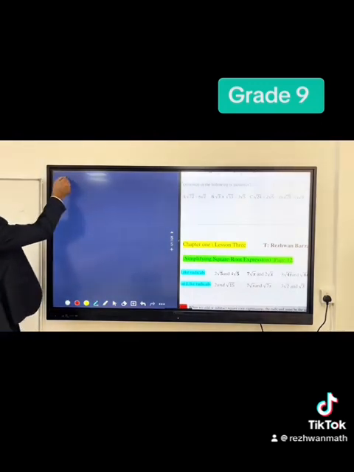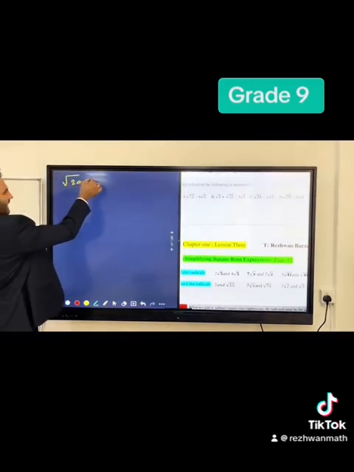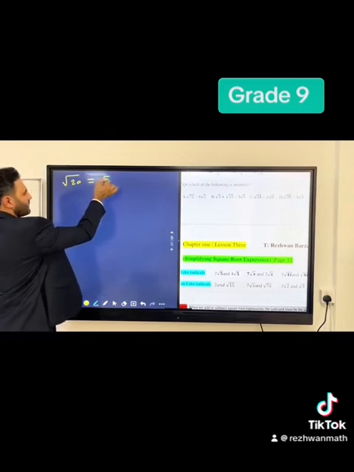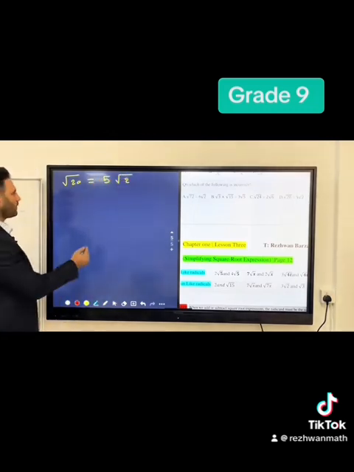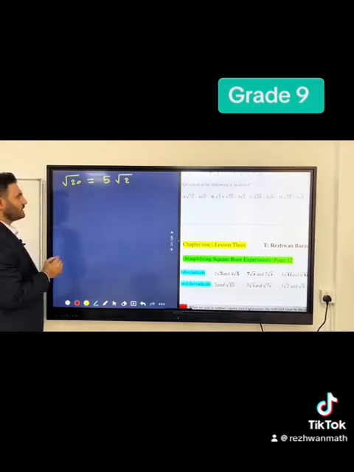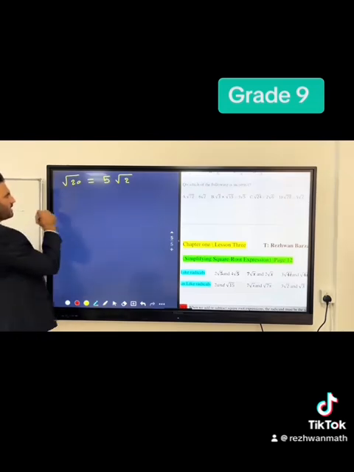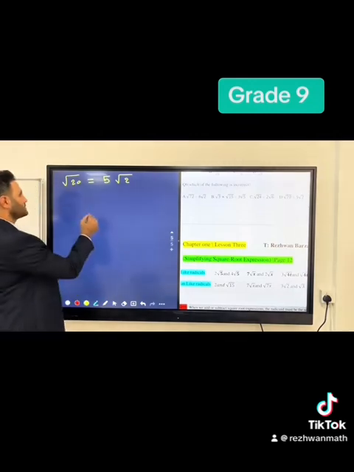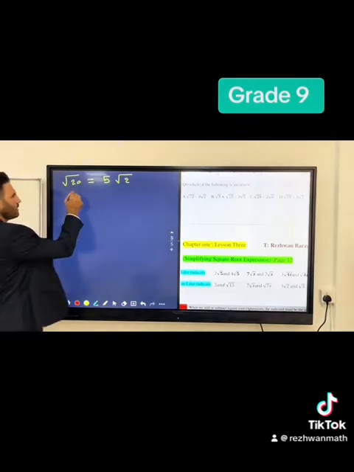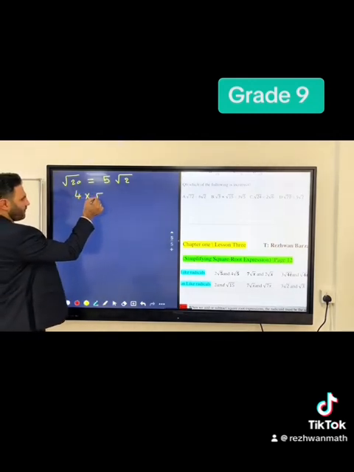The square root of 20 equals 5 square root 2. We need to check. Okay, what's the square root of 20? Because 20 is not a perfect square, we need to use a perfect square to simplify the square root of 20. Okay, a factor of 20 is 4 times 5. So instead of 20, we need to write 4 times 5.